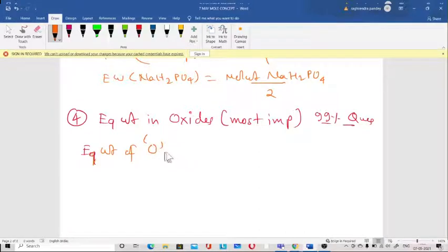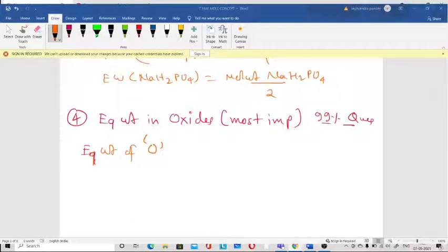How much is the equivalent weight of oxygen? Anybody listening or not?